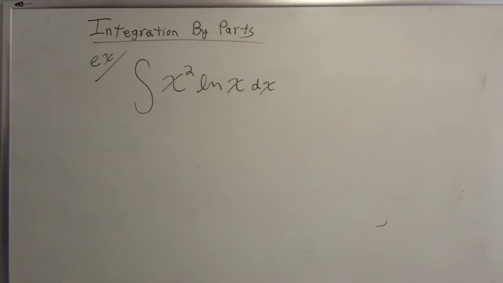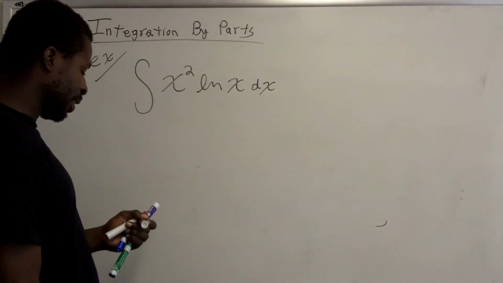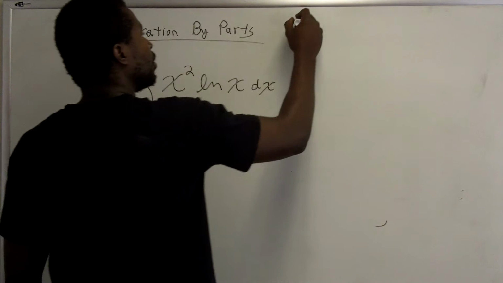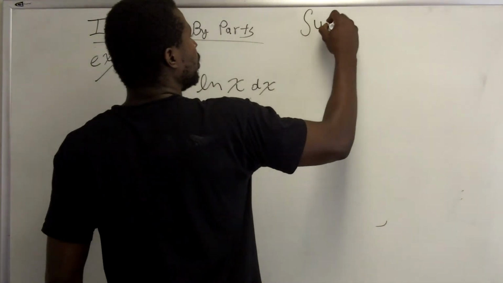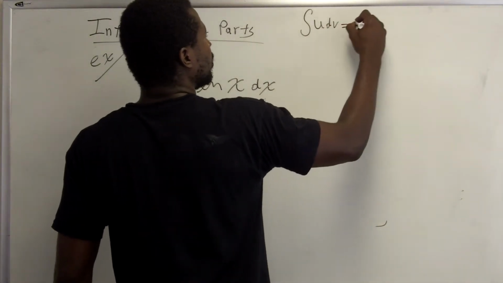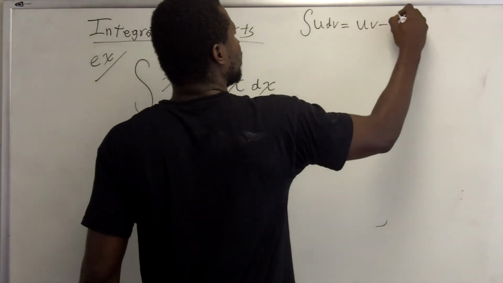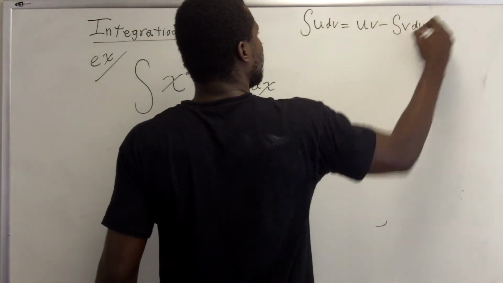All right, so we have x squared and the natural log of x. What we need to do, we're going to employ this theorem. The integral of u dv is equal to uv minus the integral of v du. That's what we want to do.